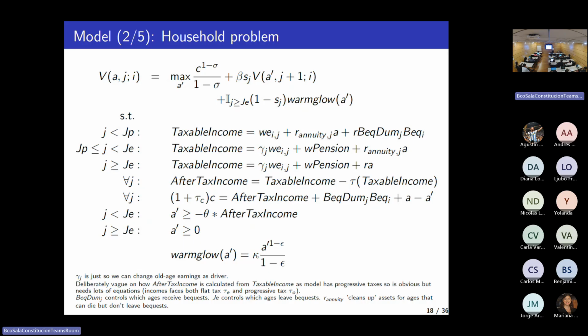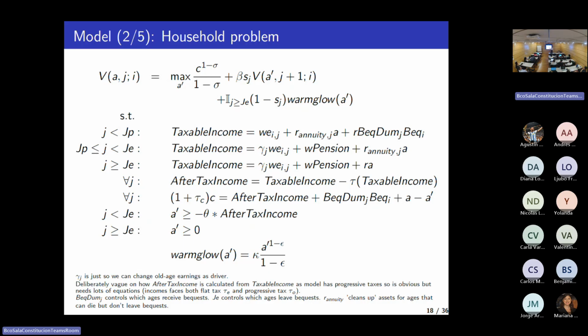Because we want to hit the bequest to GDP ratio, we have some annuities in here for the people who are between retirement before they start leaving bequests that just scale R up for the fact that they might die. So people who are over JE are the ones who leave the bequests, and then the 40 to 65-year-olds are the ones who receive them. The actual model, if you ignore all the bit about taxes, which is these top 4 lines, is pretty simple.